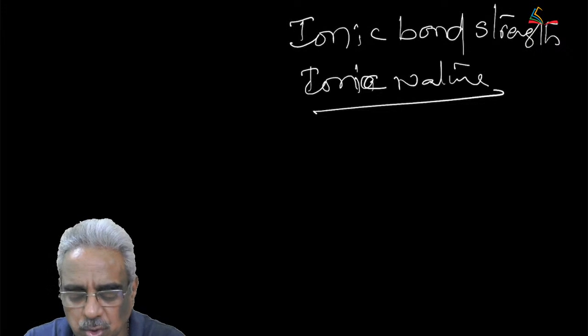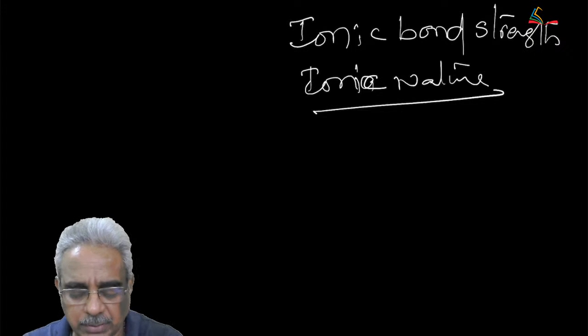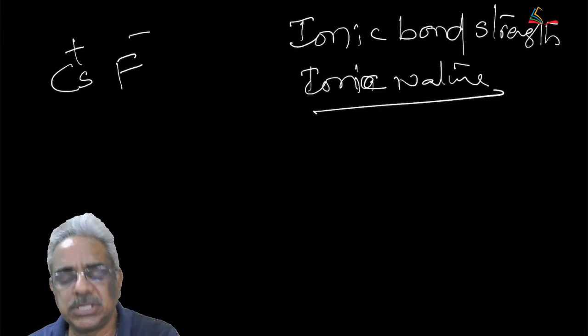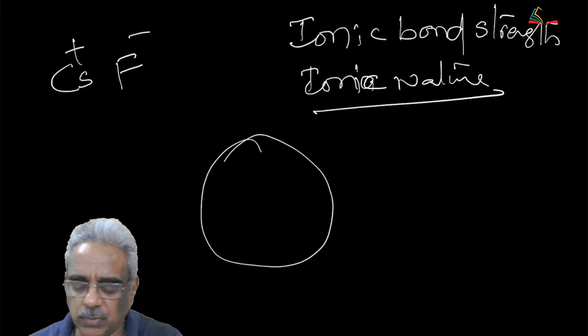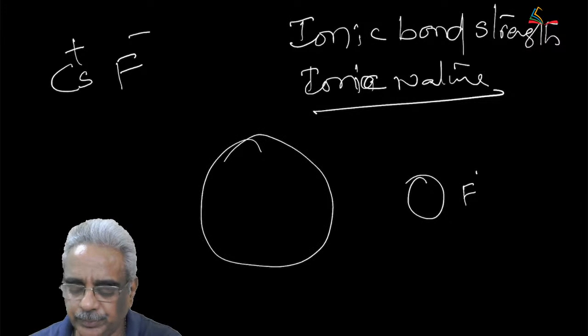I can give you one beautiful example. If you take cesium fluoride, cesium plus, fluoride minus. Cesium is a very big ion, fluoride is a very small ion.